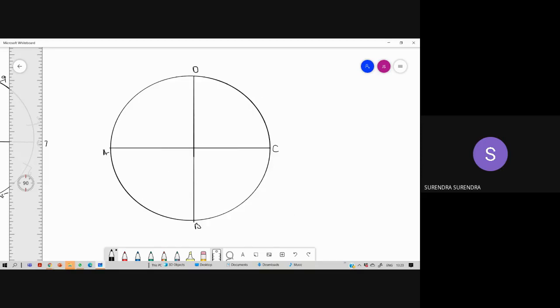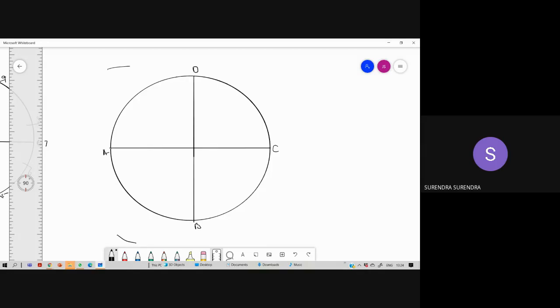So the first step is to draw the circle with the given dimensions and draw a horizontal diameter line and a vertical diameter line. After completing this, take the compass radius equal to the same circle radius, 50 mm. A as center, draw arcs on both the sides, radius equal to 50 mm.